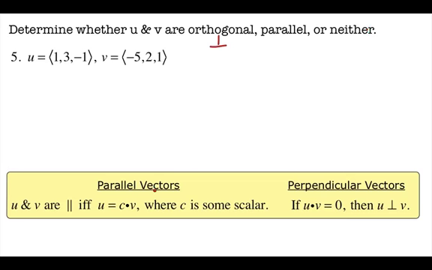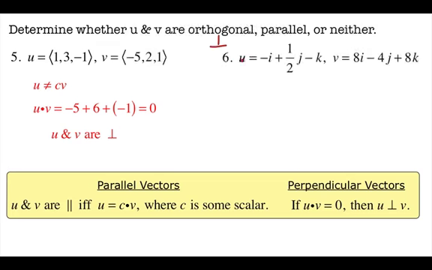So let's check for parallel, and there's no c that, once I multiply times vector V, I get U. So that's why these two vectors are not parallel. So now let's check for perpendicular. I'm going to take the dot product, and it turns out to be 0, which means that vector U and vector V are perpendicular, orthogonal. Let's go to number 6.